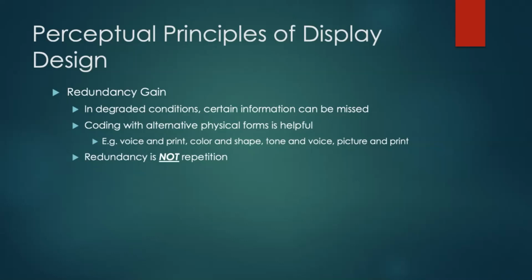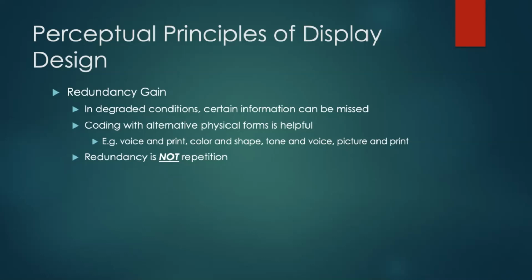You also want to exploit redundancy where possible, especially because in degraded conditions, it's easy to miss information. And you want to enhance the likelihood that somebody's going to notice something, so present it in various other sensory modalities, right?